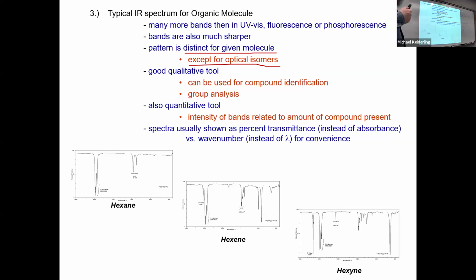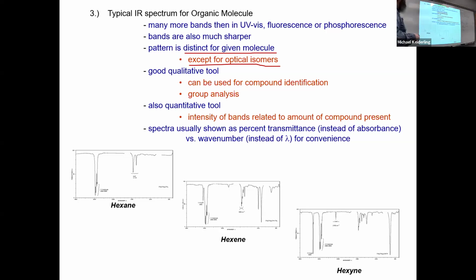It can also be used as a quantitative tool because the intensity of the bands is related to the amount of compound present. And with FTIR, you can get clear enough peaks and enough resolution that it works okay as a quantitative tool. It's not the best, but it is okay.